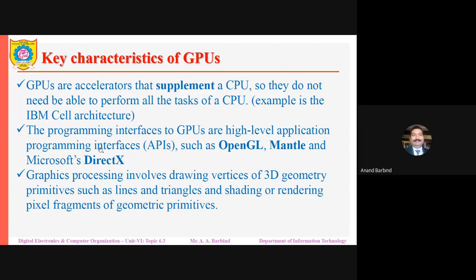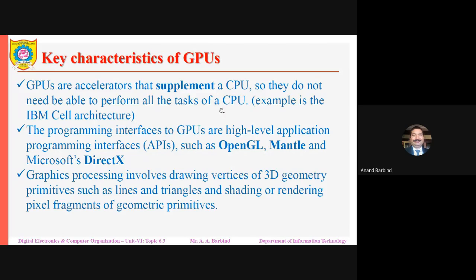These APIs are the programs which are typically written for the GPU, that is, the graphical processing unit. Like the CPU, there are certain programs written for the CPU that use the instructions of that CPU. For example, it can be the 8086, the Pentium, or some other CPU.